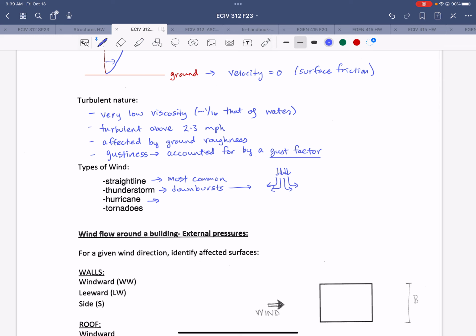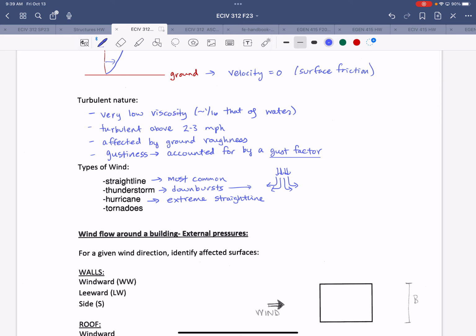With hurricanes, as I mentioned, we treat them as extreme straight line winds. Even though hurricanes rotate about the eye, I don't remember exactly, I think it's counterclockwise above the equator and clockwise below the equator, or maybe I have that backwards. But anyway, they do rotate a certain direction about the eye of the storm.